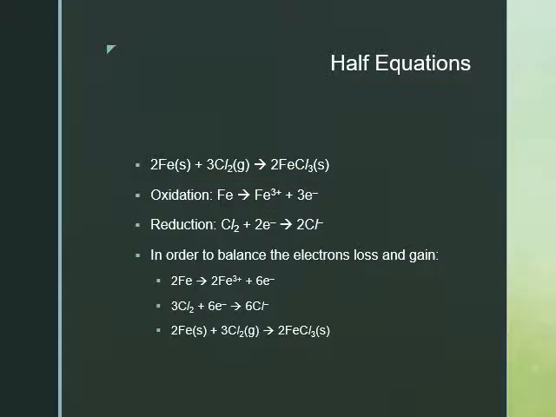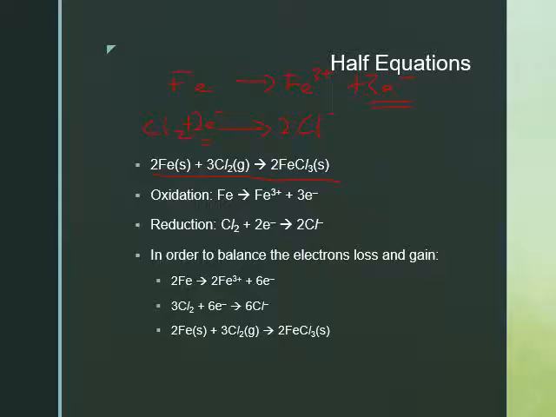So let's look at this. We know Fe went to Fe3+. So to balance the equation, I need to put 3 electrons here. After that, I know Cl2 goes to 2Cl-, and then to balance the change in oxidation state, I put the electrons. Now, iron gives away 3 electrons, chlorine only accepts 2.